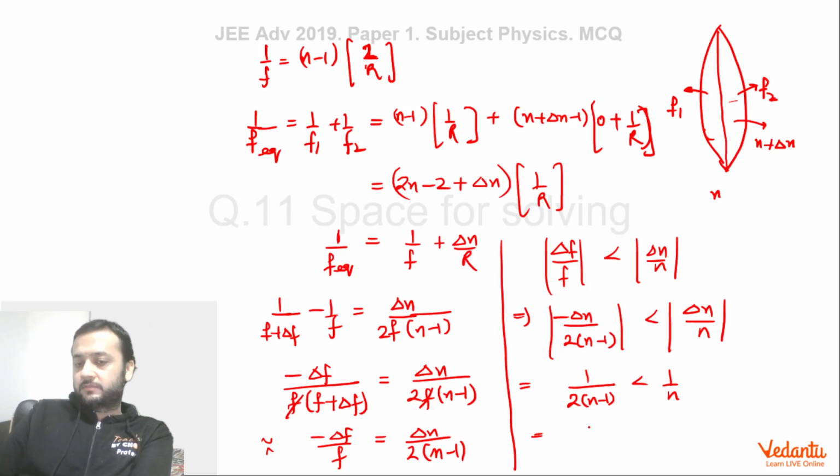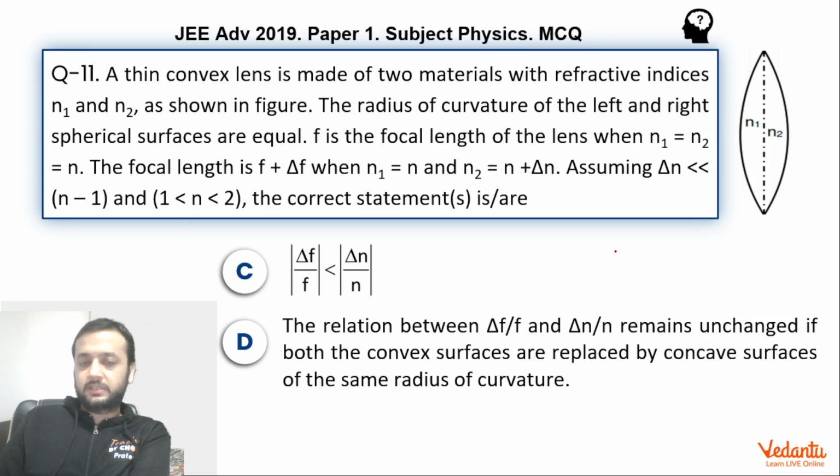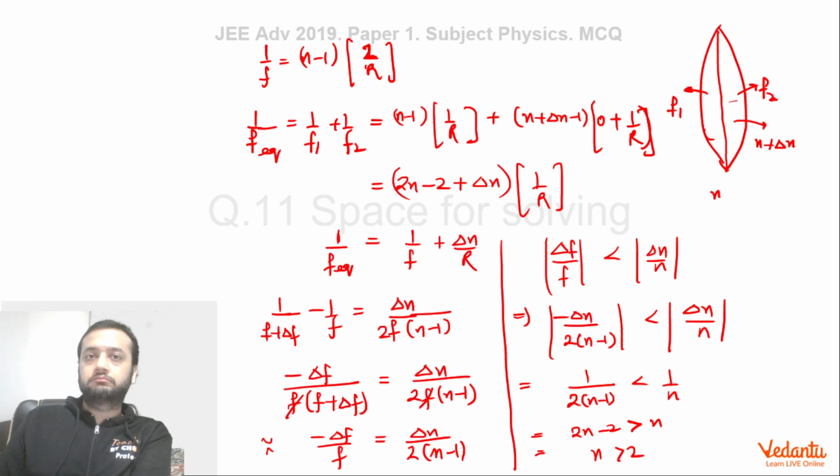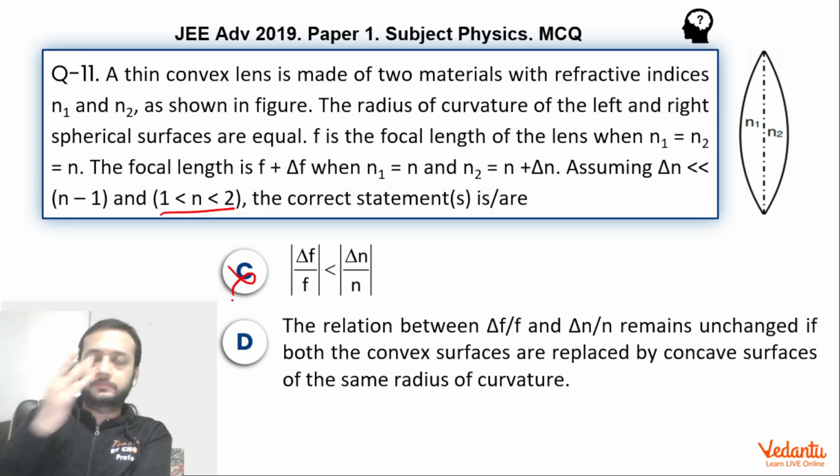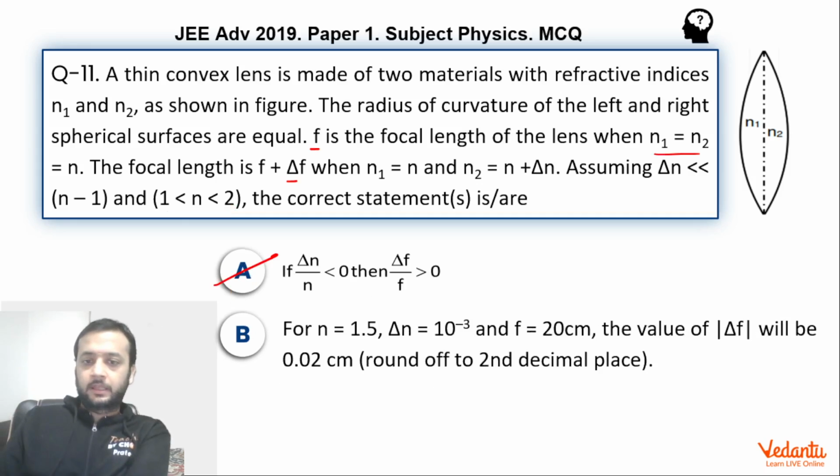So now this means that 2n minus 2 will be greater than n, because I have taken reciprocal, so sign of equality will change. So this will become n must be greater than 2. So if n is greater than 2, then only this inequality will be correct. But if you see in the question, n was given between 1 and 2, and hence this inequality is wrong. Therefore we can say that option C is wrong, right?